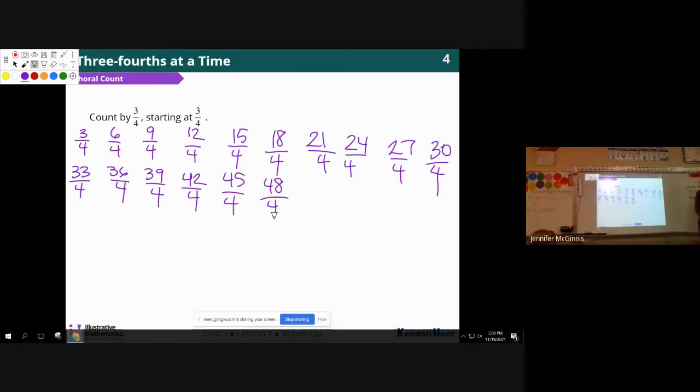I see that when you do it to the top, like the 33, 36, and 39 fourths, they always go to the top one too. You're noticing this here? 1, 2, 3, 4, 5, 6, 7, 8, 9, 10. Okay. So this would be 48. The next would be 51, 54, 57, 60.